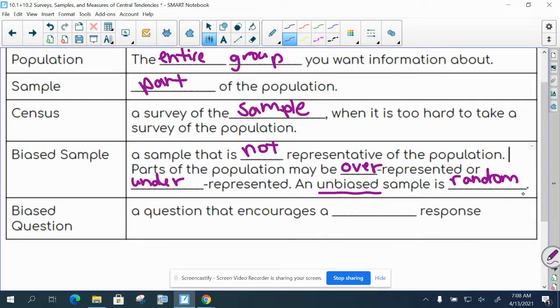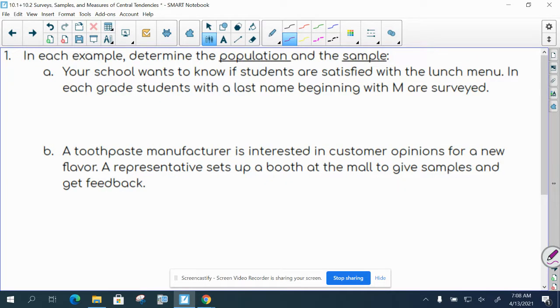You're going to try to pick random people. Try your best to get it to be random. And then like maybe every 3 people lined up. Okay, and then a biased question is a question that encourages a particular response. And like I said, we'll see those in these examples.